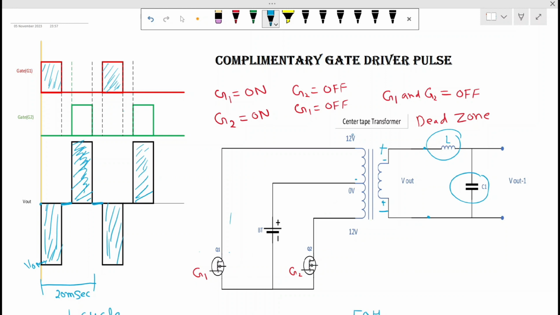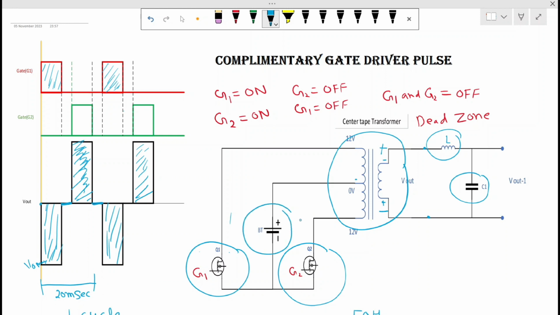All of these things are based on power calculations, how much load you want to put. Based on that, you have to select the transformer, the MOSFET switches or IGBT switches, and the battery voltage or its capacity. If you want to design for high power, then you have to choose a series combination of batteries, meaning a battery voltage of 48 volt.